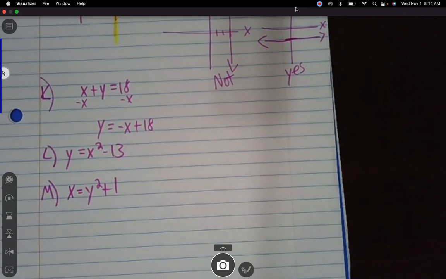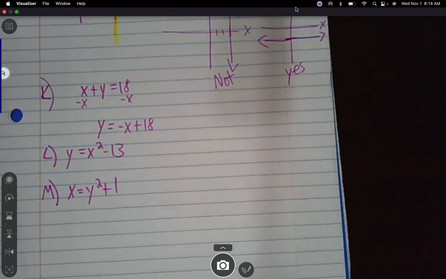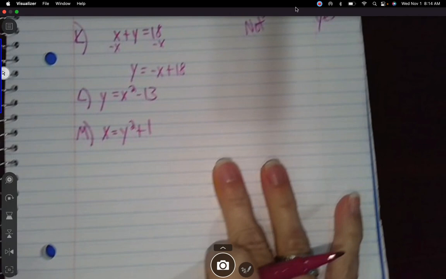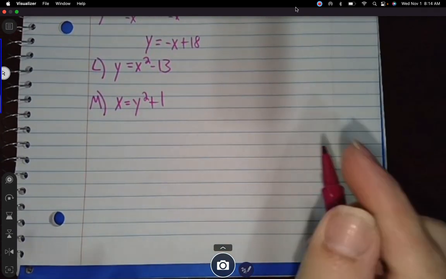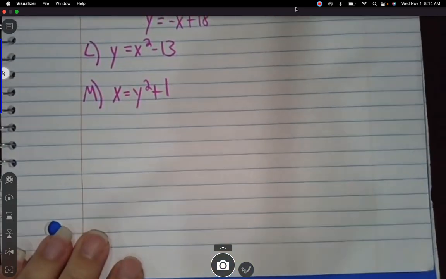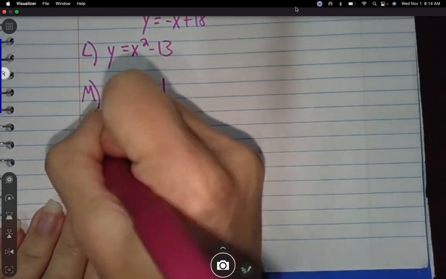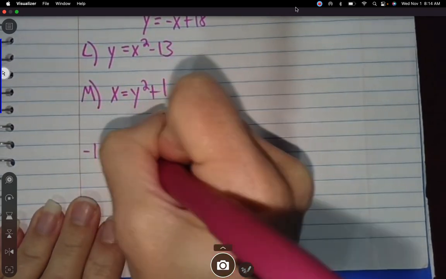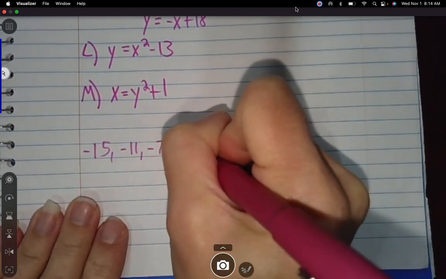Okay, algebra 1. We looked at arithmetic sequences. So a quick review, because we've already done the first problem. Let's see. -15, -11, -7, -3.